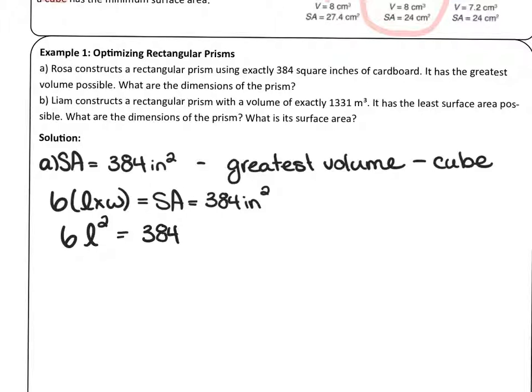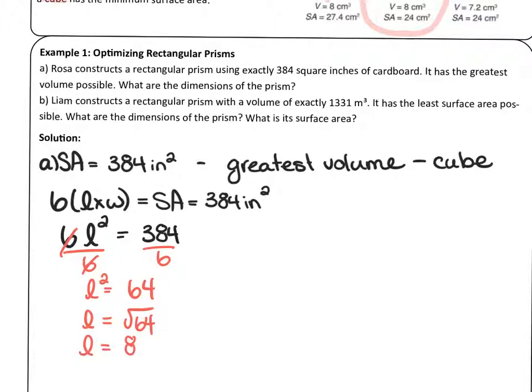So we will divide by 6, both sides. So it'll cancel on this side. We'll get L squared equals 384 divided by 6, which is 64. And then if we take the square root, we can easily find what L is. And we get L to be 8.